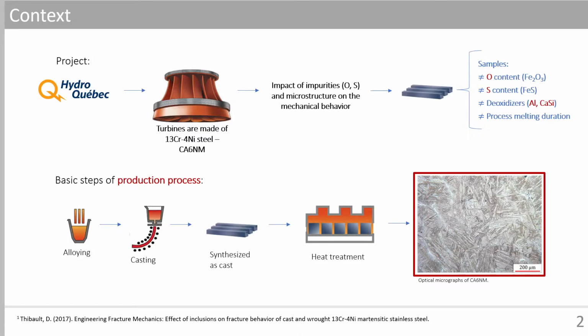First, we have the alloying process, when the material is melted and alloyed. Then it goes to the cast process, where it cools and solidifies, and this as-cast structure needs to go through a process of heat treatment in order to lower the hardness of this material and obtain the desired characteristics.